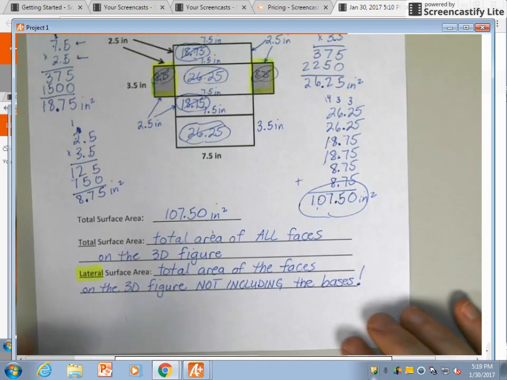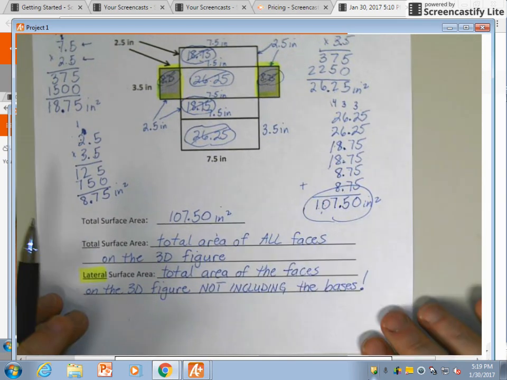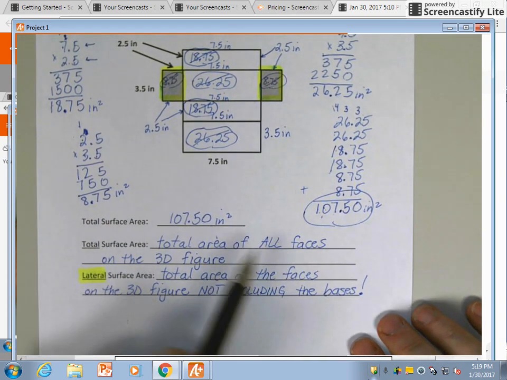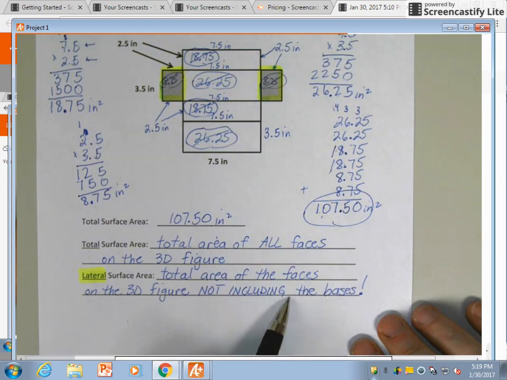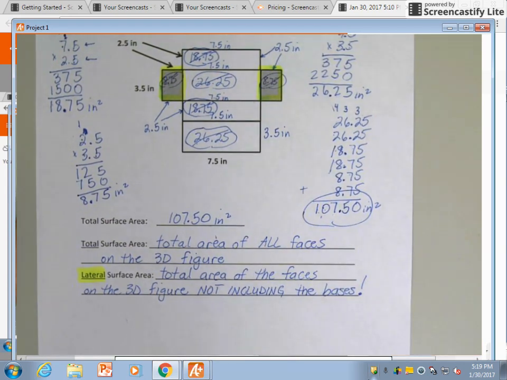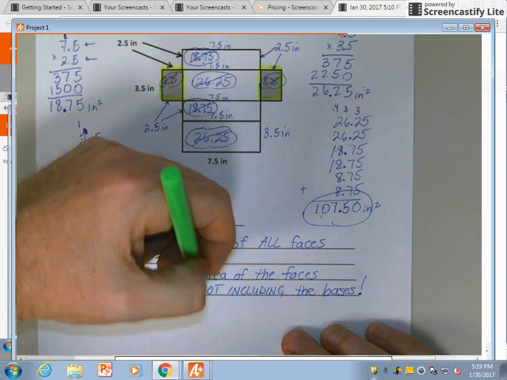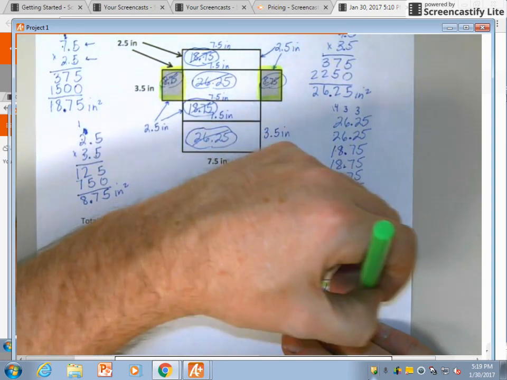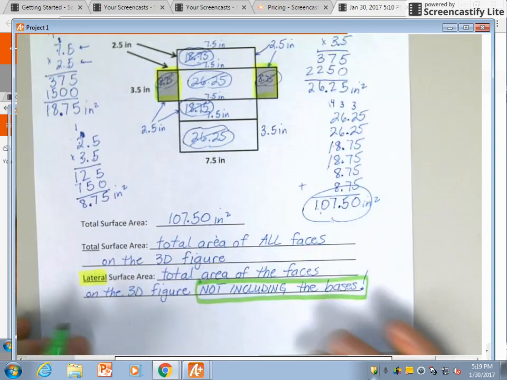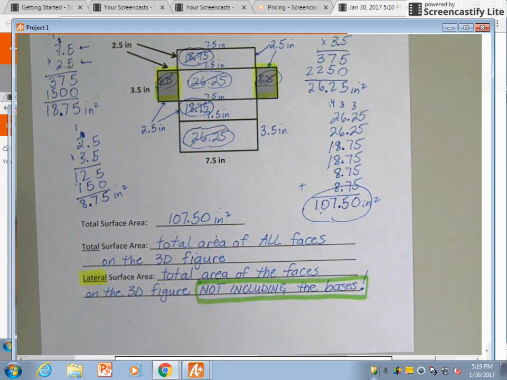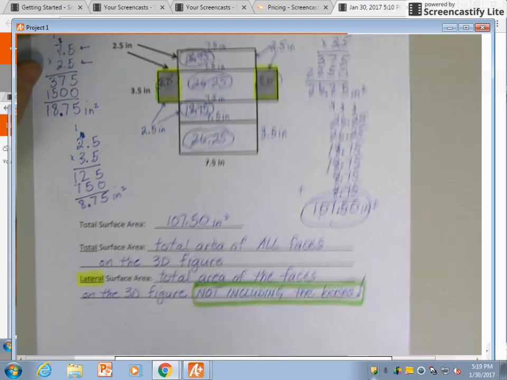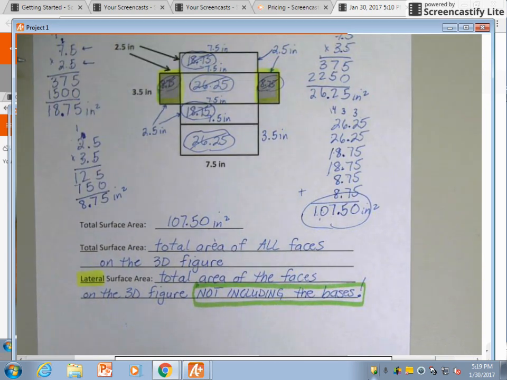Not including the bases. So lateral is no bases. Total is all faces. Lateral, no bases. Total is all faces, but lateral does not include the bases. So when you're asked to find lateral surface area, you need to make sure you understand not to include the bases of the net. And that, my friends, is how you calculate the surface area of a rectangular prism.